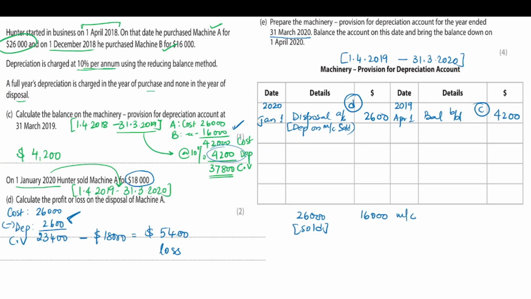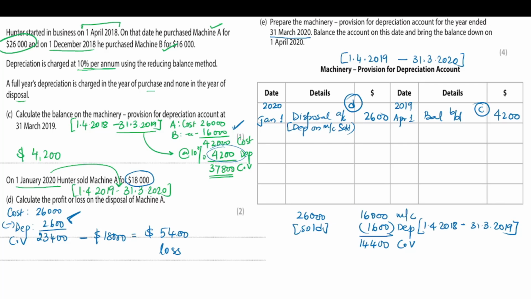For 16,000 first year, that means 1/4/2018 to 31/3/2019, at 10%, 1,600 depreciation was charged. So what is the carrying value? Minus 1,600, so 14,400 was the carrying value.